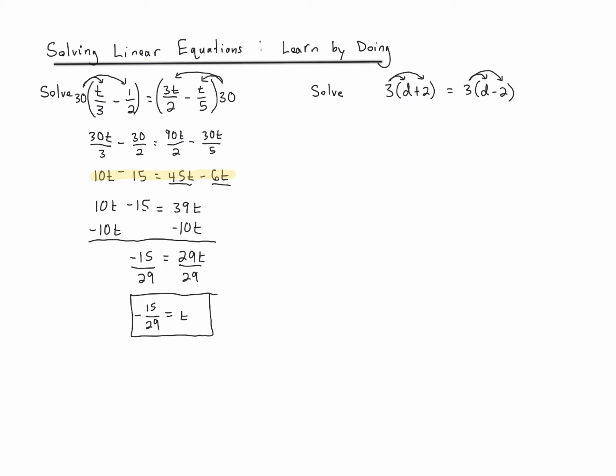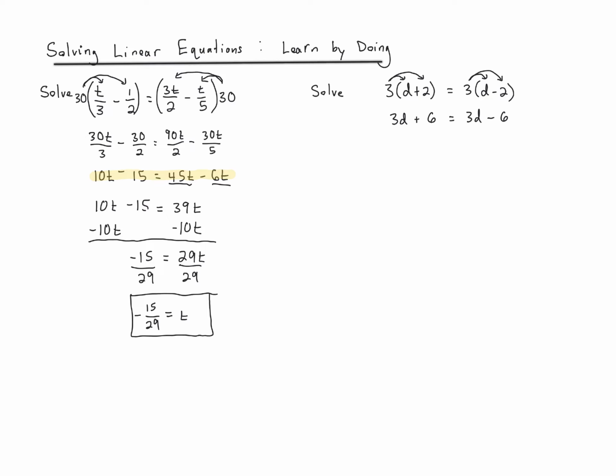When we distribute the 3 on the left, 3 times d is 3d, plus 3 times 2 is 6. What do we get on the right when we distribute the 3 there? Here, 3 times d is 3d, but then we have minus 3 times 2, which is 6. Good.